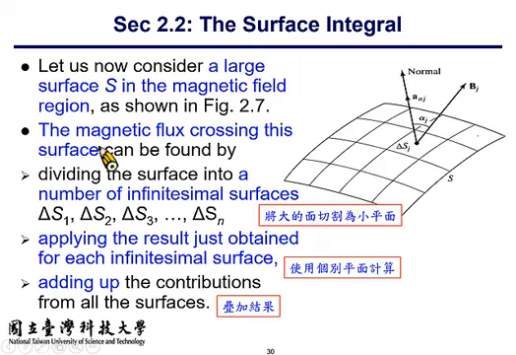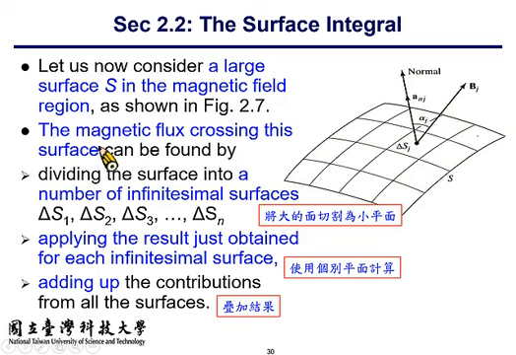So the previous slide is just a preview of what we will have in the next section. Now let's take a look at the procedure of the surface integral. Similar to our previous discussion about the line integral, you first divide the surface to be integrated into many small surfaces so that you can handle curvatures.